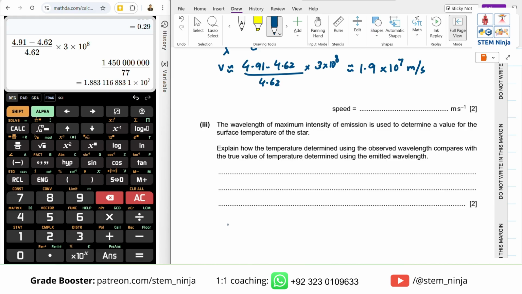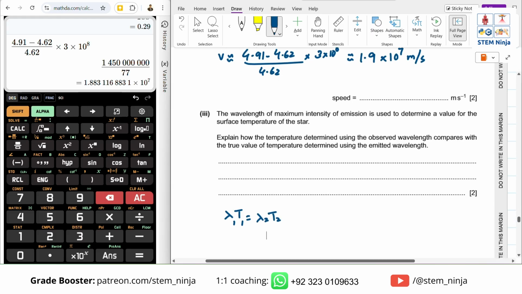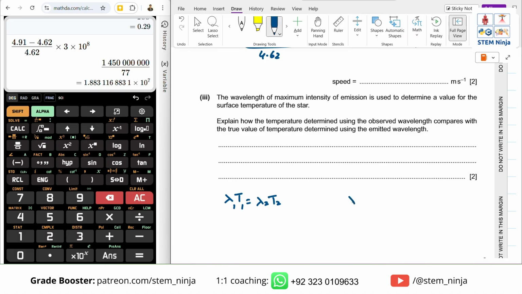So Wien's displacement law states that lambda times T is constant, which means lambda 1 T1 equals lambda 2 T2. We know that the observed wavelength is higher than the original wavelength, so let's say lambda 2 is greater than lambda 1.